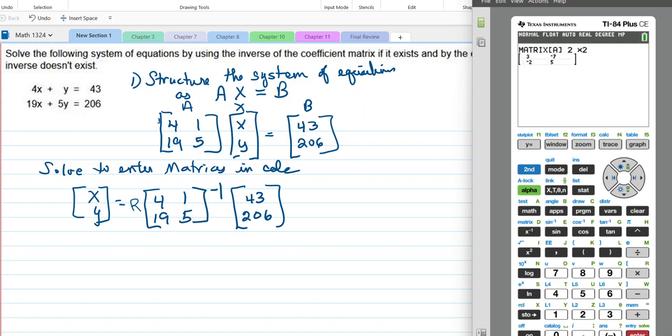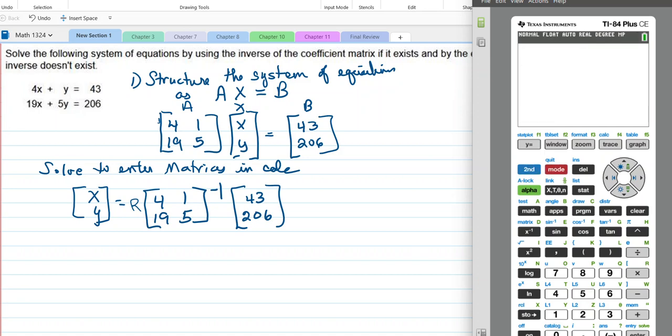So we're going to edit A, 2 by 2, and enter 4, 1, 19, 5. Okay, 4, 19, 1, 5. Second matrix, and that is a 2 by 1. Edit, and then we're going to make it the B, 2 by 1. All right, and that is 43 and 206. All right, I got them all.